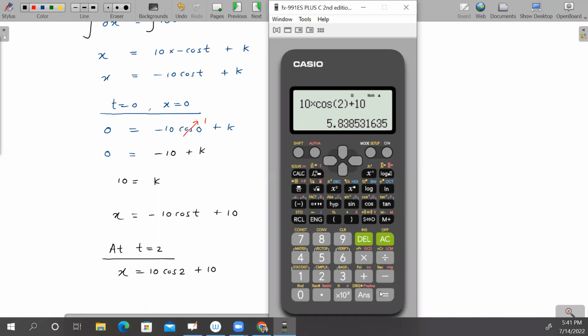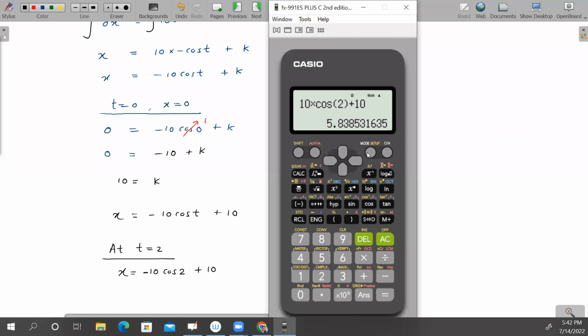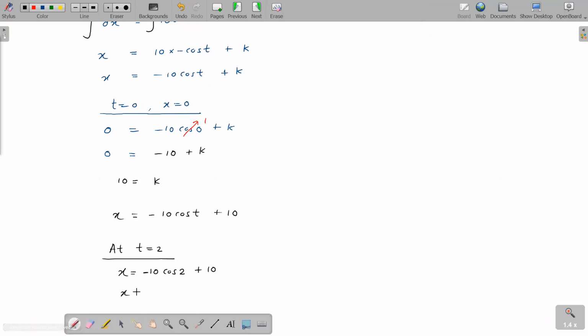How much is it? Oh, sorry, minus 10. Over here it's a minus 10, right? It's minus 10 cos 2. 14.1614, which corrected to 3SF is 14.2 meters. Okay.